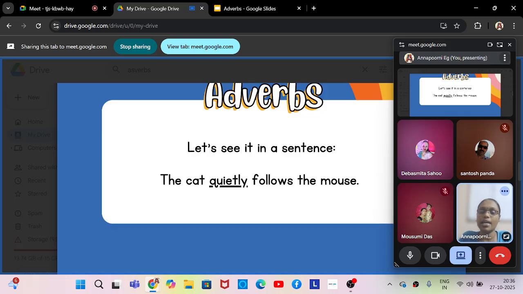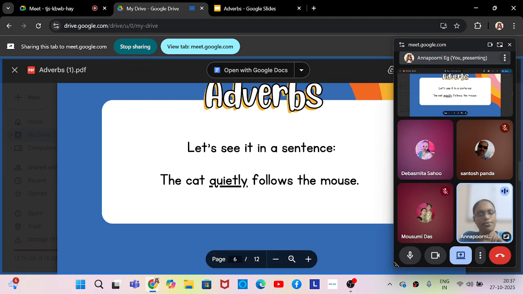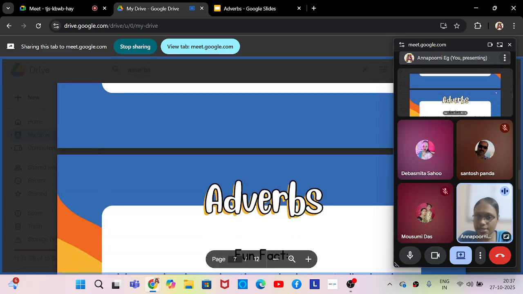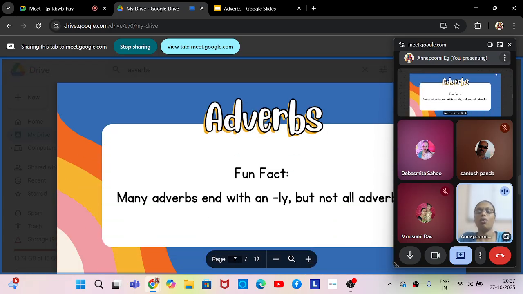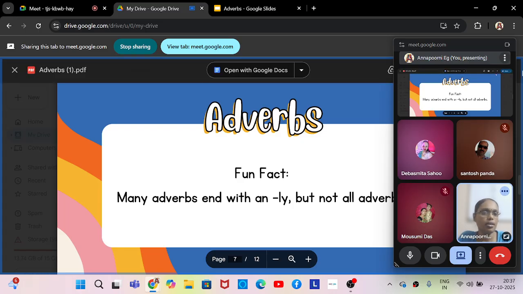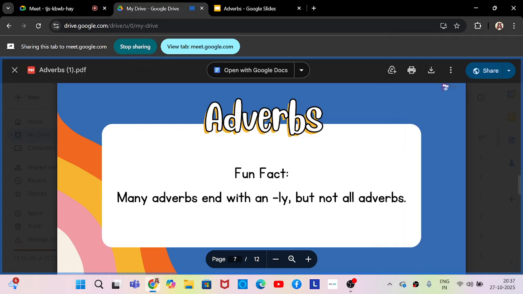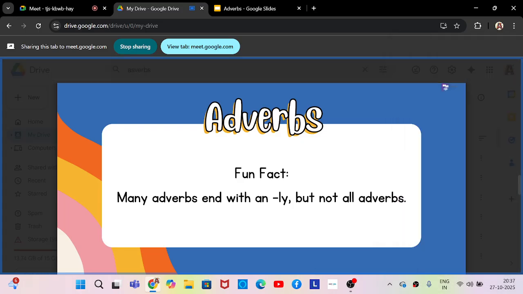And I am describing the verb using the word quietly. Follows is a verb and I am describing it with quietly. That is an adverb. And there is another interesting thing, that is all adverbs will not have ly. It's a fun fact. Many adverbs end with ly, but not all adverbs. For example, often. Is there ly in often?